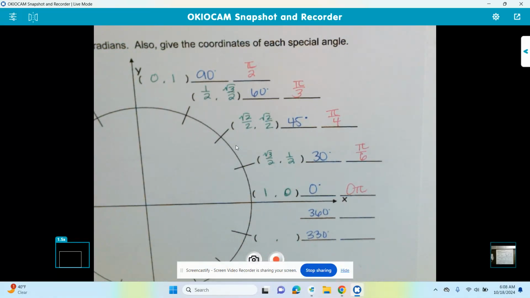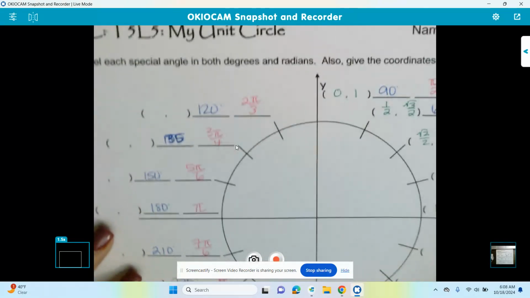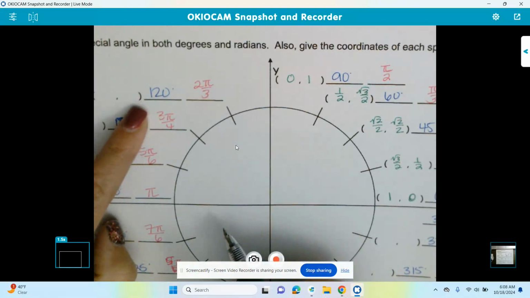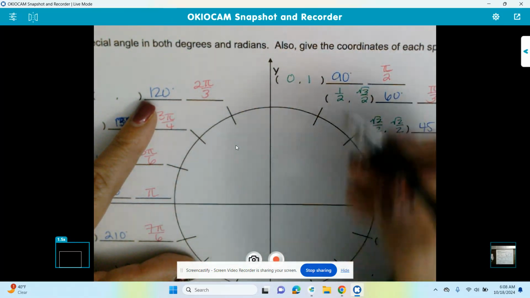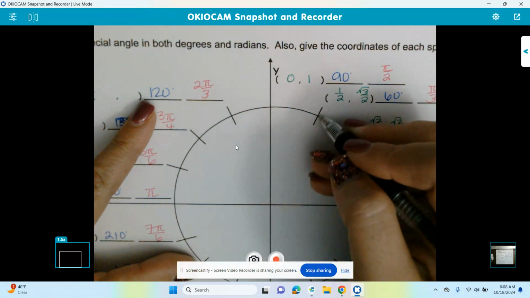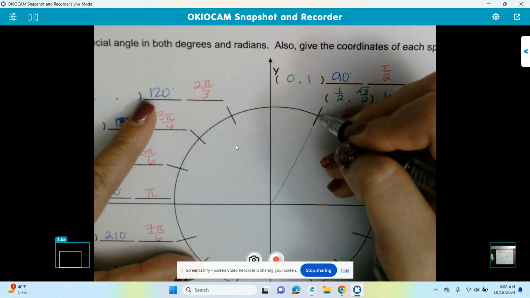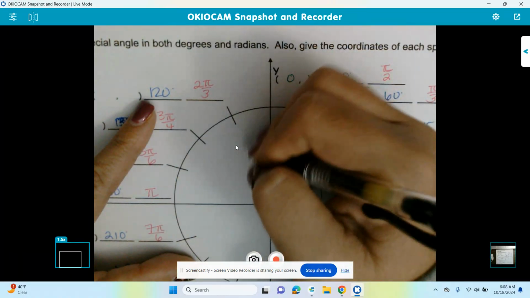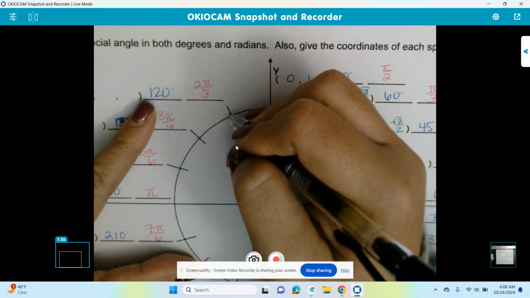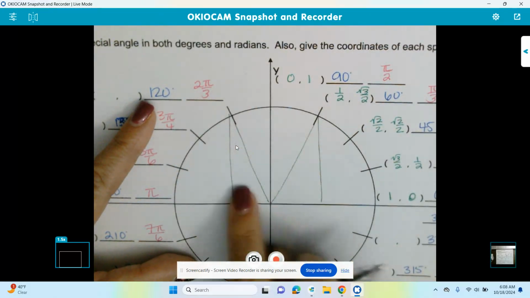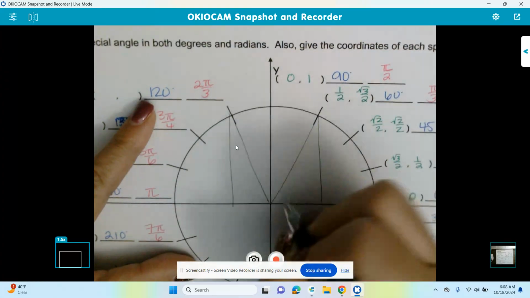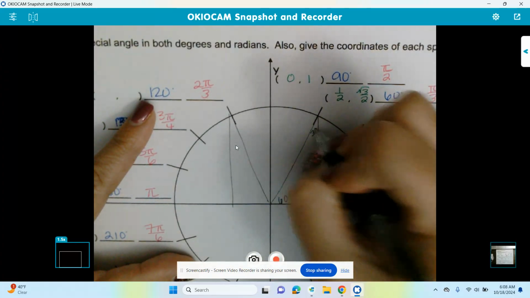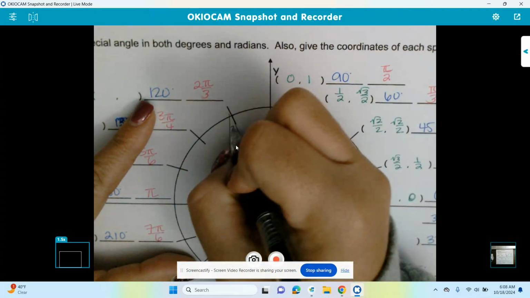And what I mean by that is if you're looking here and you're at 120 degrees, that's the same triangle as that. You don't need to draw these on your unit circle, okay? Those are mirror images of each other. And this was a 60-degree angle here, so this would be 30.